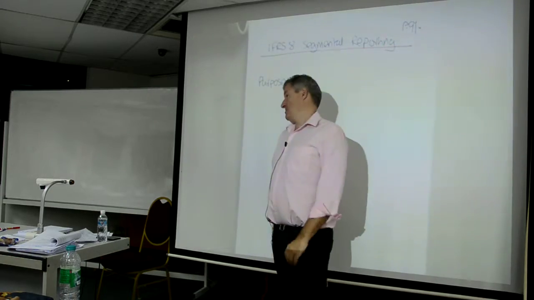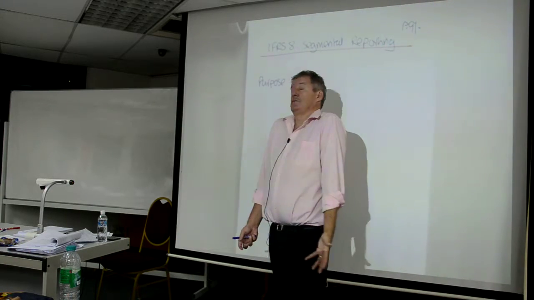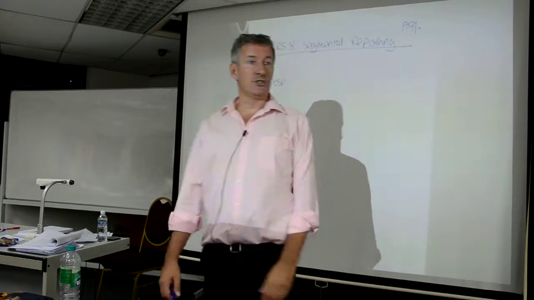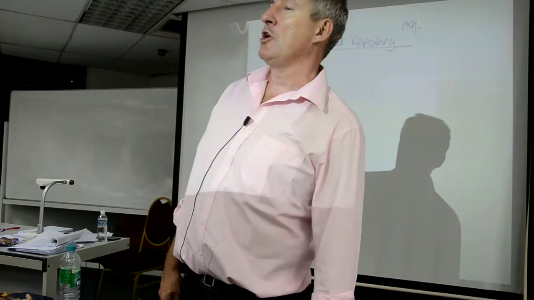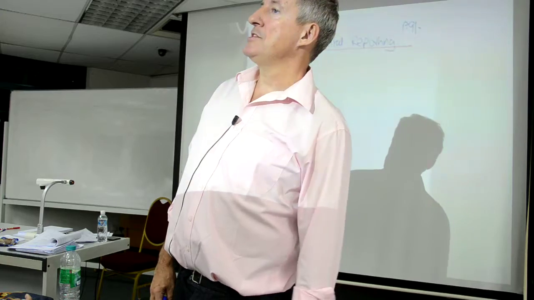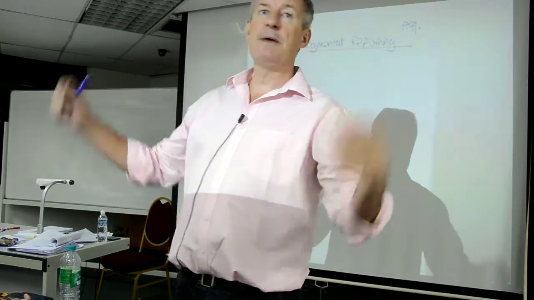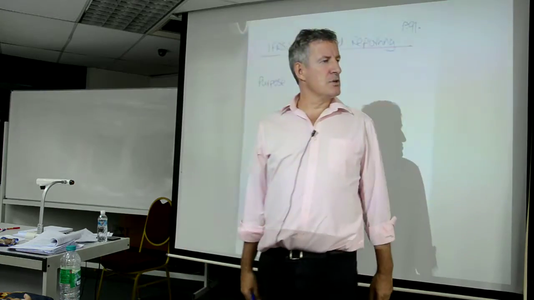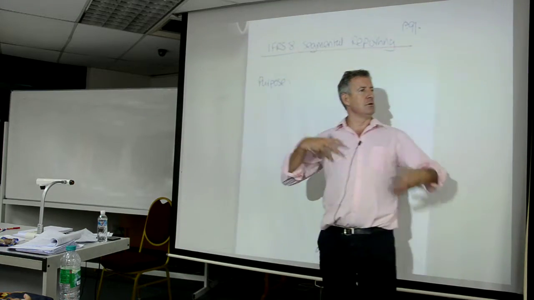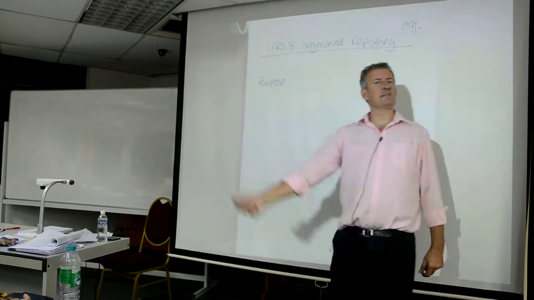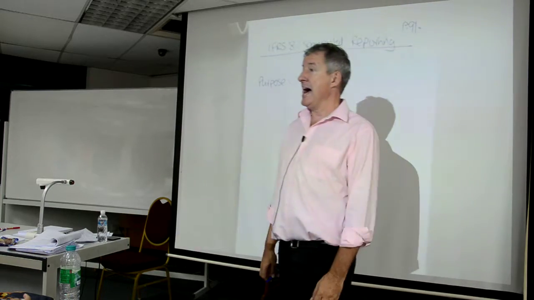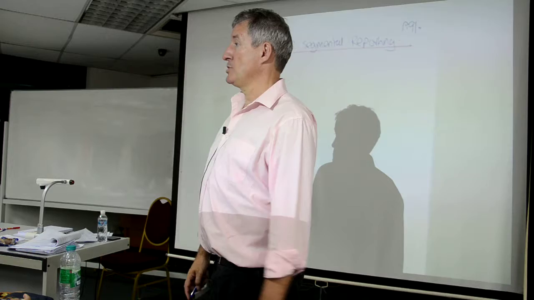And the standard doesn't tell you what to do with common costs, doesn't tell you what to do with common assets. It simply says, if you've got a head office, allocate it on a reasonable basis. So there's a great deal of latitude, there's a great deal of flexibility that we have in segmental reporting.